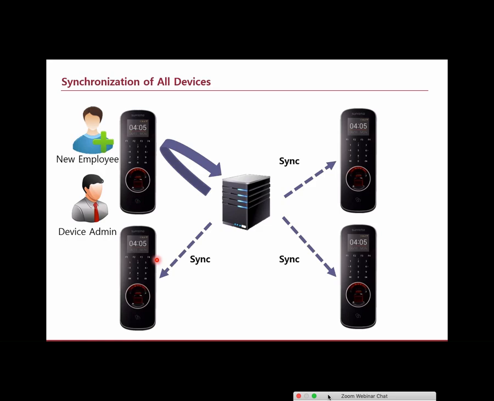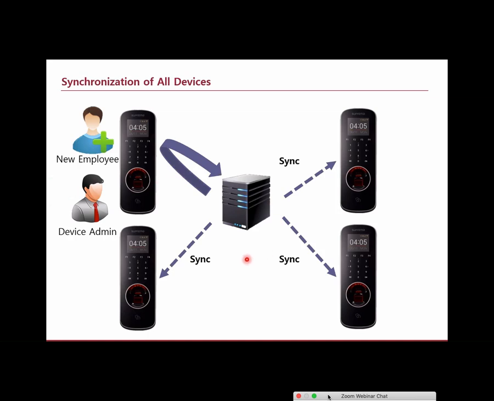User data sync was only supported from the server side up to the 2.7.0 version. From BioStar 2.7.1, the device side enroll edited user data can be automatically synced to the other devices.